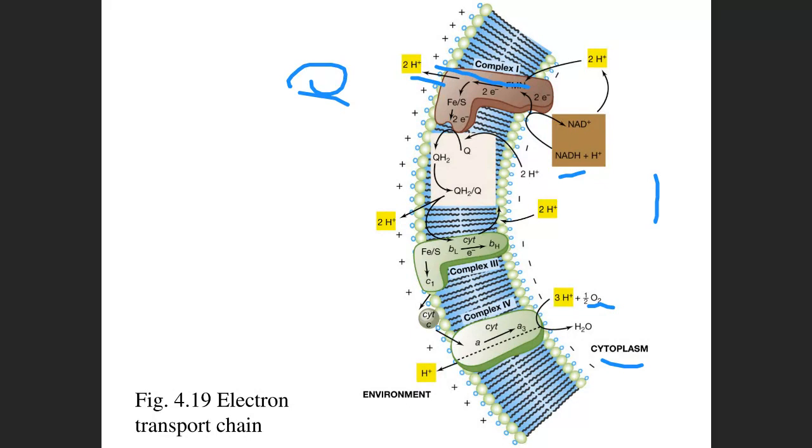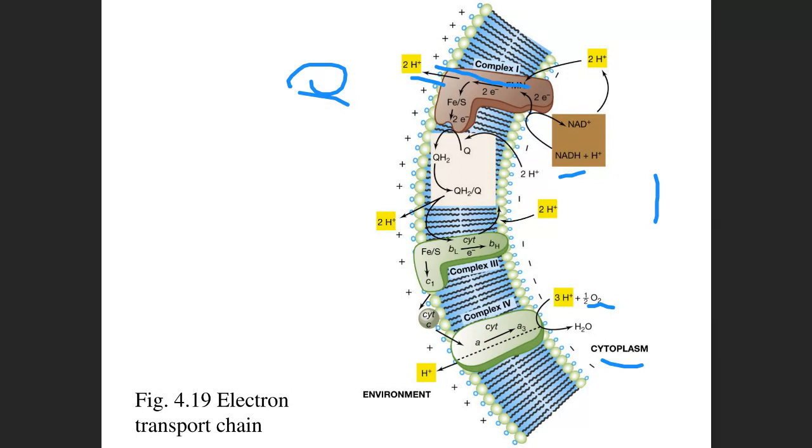Now it is very important, as I emphasize, that this class focuses on what goes in, what comes out. Right? Electron goes in from NADH. Where does it come out? Well, it comes out here, and to whom? To the oxygen. Because this is important later on.